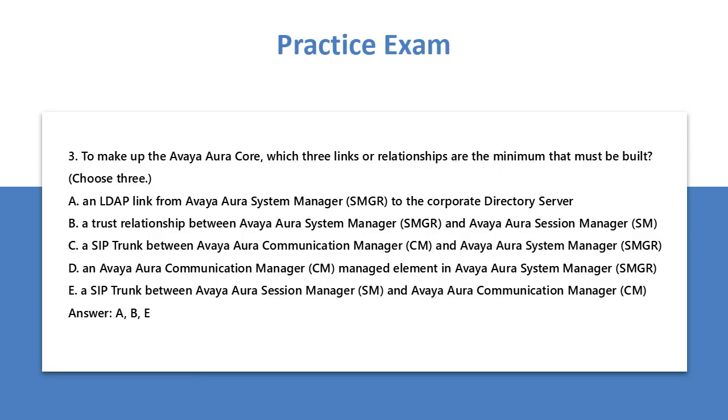C. A SIP trunk between Avaya Aura Communication Manager, CM, and Avaya Aura System Manager, SMGR. D. An Avaya Aura Communication Manager, CM, managed element in Avaya Aura System Manager, SMGR. E. A SIP trunk between Avaya Aura Session Manager, SM, and Avaya Aura Communication Manager, CM. Answer: A, B, E.